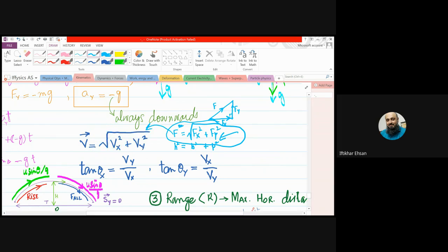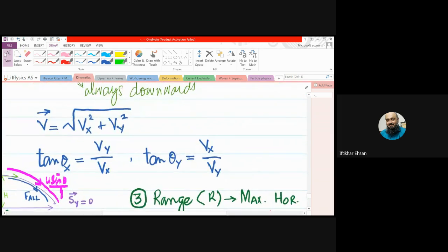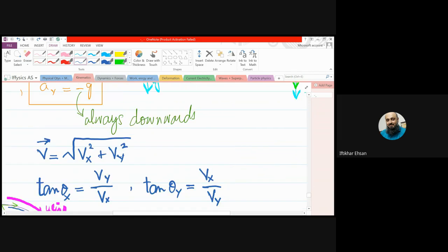And when it is asked what could be the angle made by the velocity at any point with the horizontal or vertical. If we have to find the angle made by a vector with the horizontal x, then we write the horizontal component in the denominator, vertical component in the numerator. If we have to find the angle of a vector with the vertical, then the horizontal component will be written up and the vertical component will be written in the denominator.